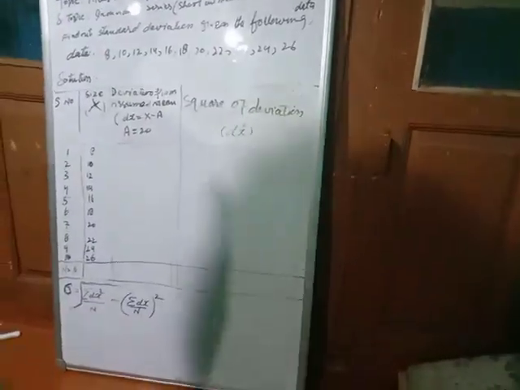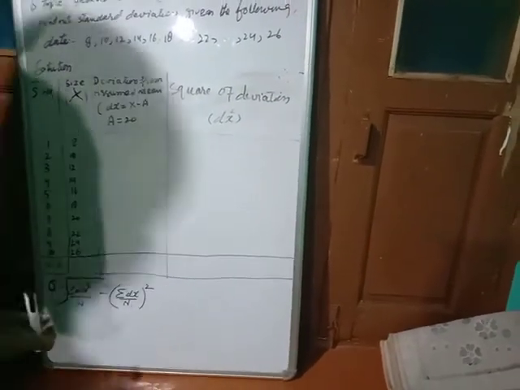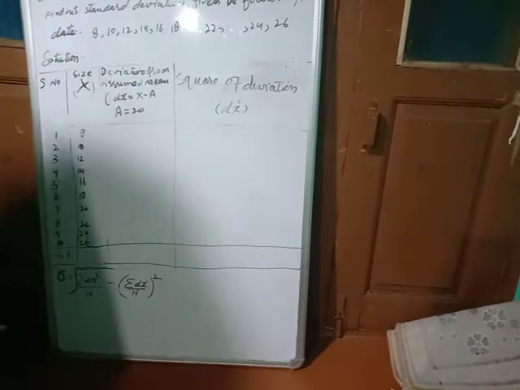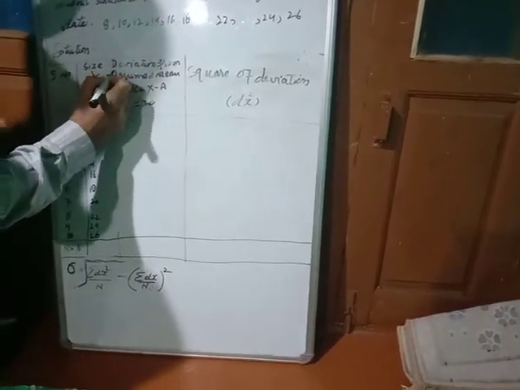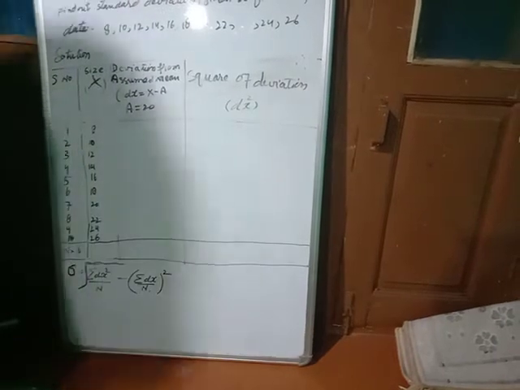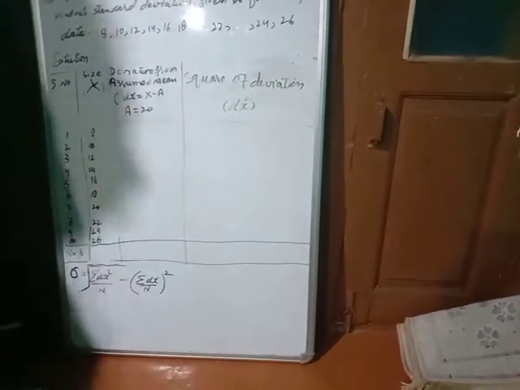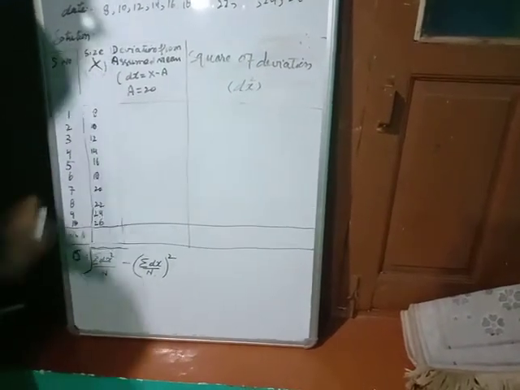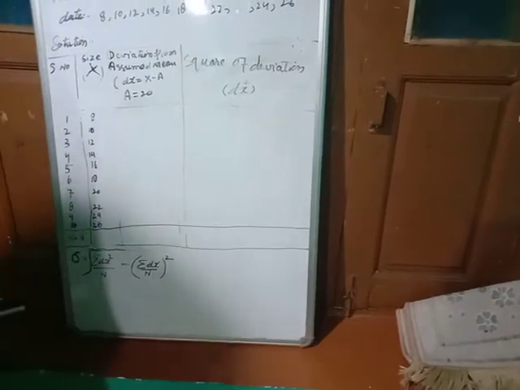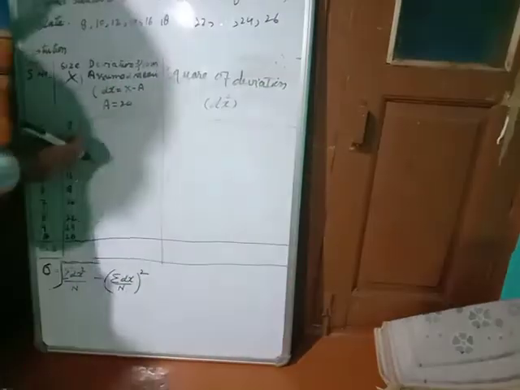Now the third column, which we need in this formula, is the deviation from assumed mean. Deviation from assumed mean, that is dx, is equal to x minus a. Here I have taken the assumed mean as 20, but it is not necessary that you take only 20 from this series.